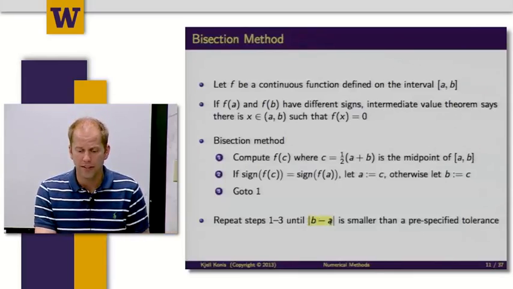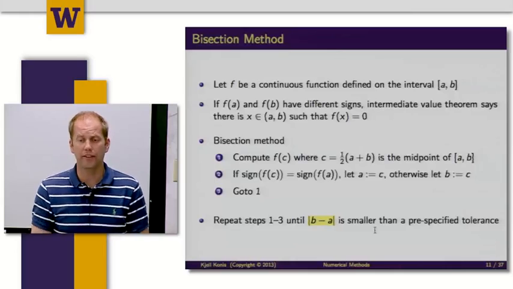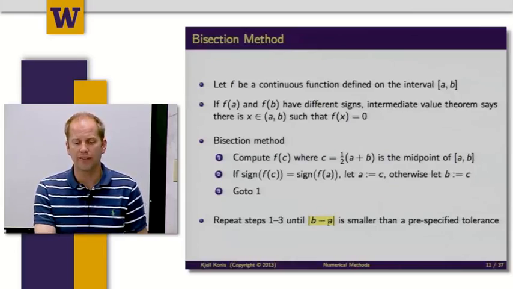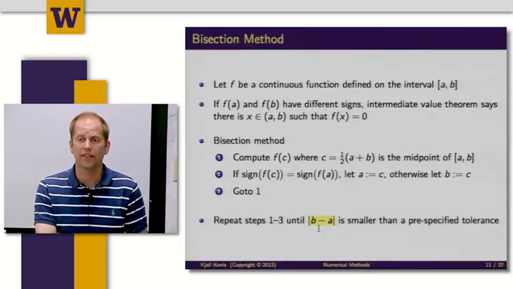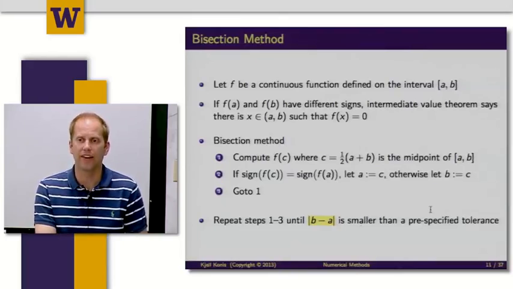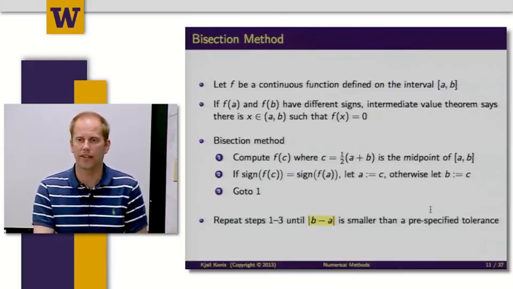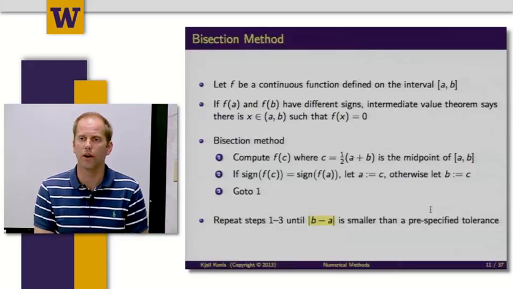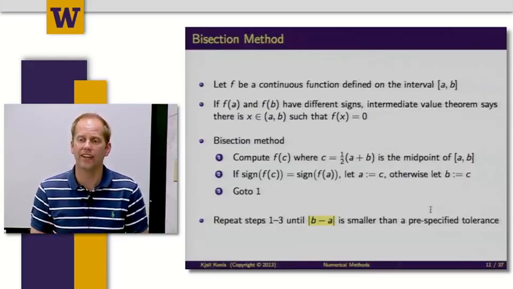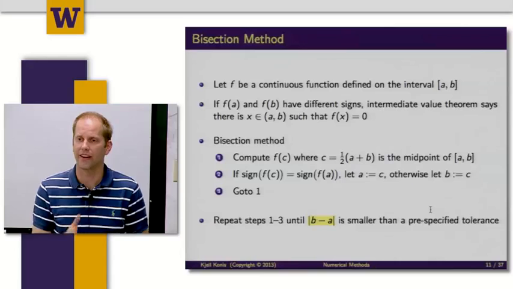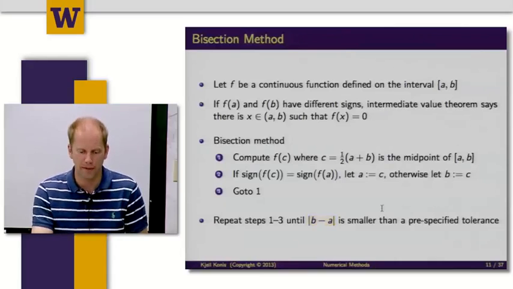So for the stopping condition, I'm going to use a very simple one: b minus a, where b was the upper endpoint and a was the lower endpoint, is just the width of my interval. When that gets smaller than some tolerance that I choose at the beginning, say I want to know the answer within 1/1,000,000th, then every point in the interval is within 1/1,000,000th of the midpoint, so I can stop.